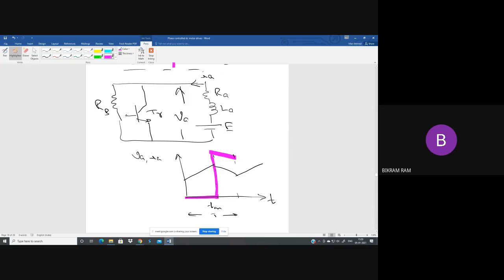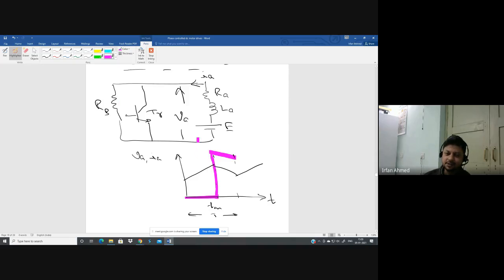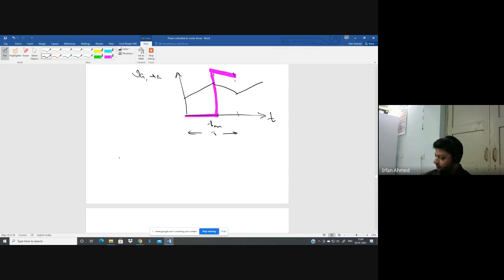Sir, due to inductor? Because of inductance. Okay, sir. See, there are two sides to this. This VA is equal to RB into IA, or it is also equal to E minus LA dIA by dt minus RA into IA.